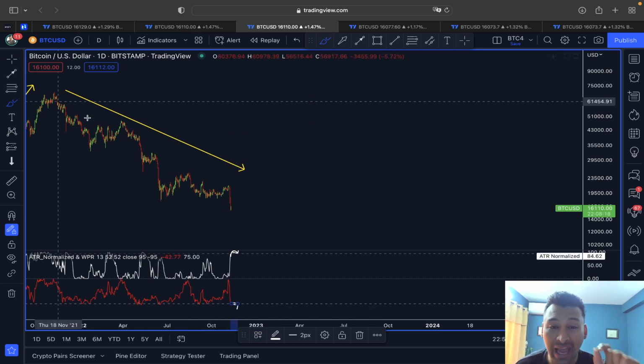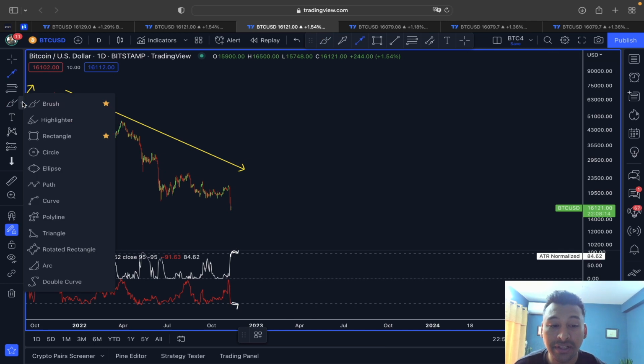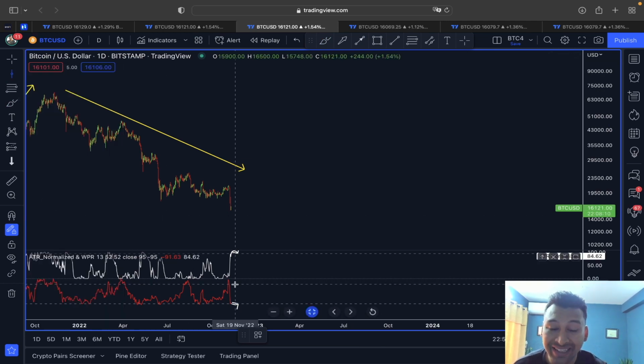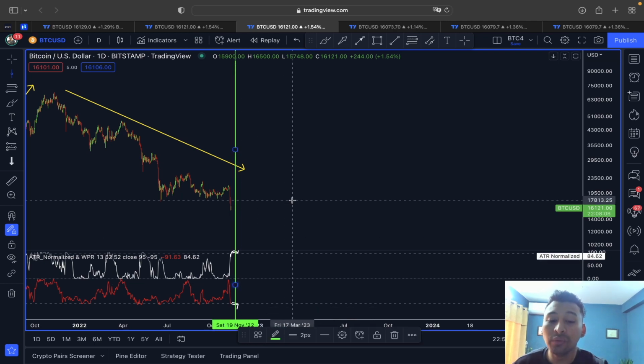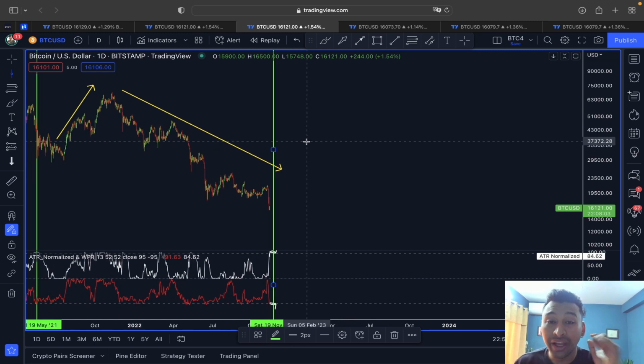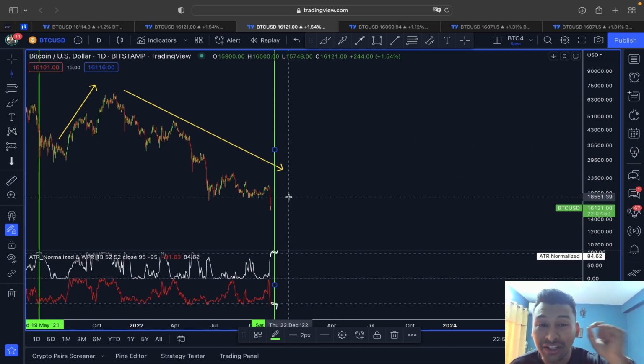If that is going to happen, then we will see another vertical line appearing here in our chart. So if you are following me, do not worry, guys, because if that is going to happen, then you are going to be the first one to know about it.